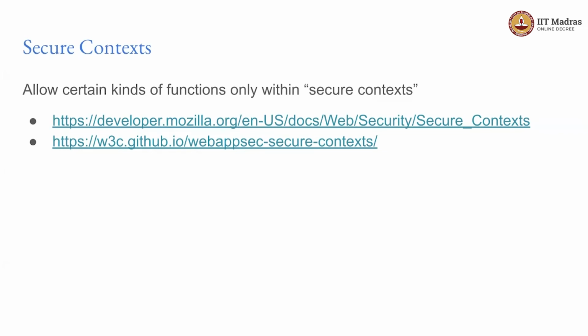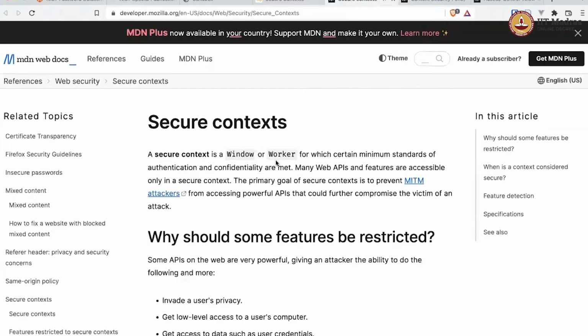And why do we call this a secure context? Because we do not want just any browser or any tab to be able to get access to this. We want to ensure that the user is aware of what is happening in the secure context. We want certain minimum requirements to be satisfied for the secure context so that you can allow access to certain kinds of resources.